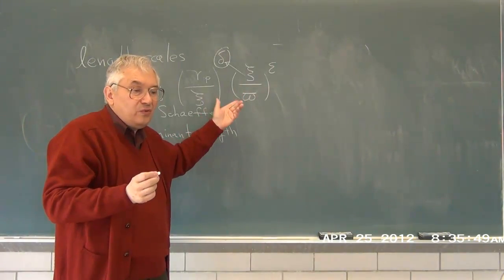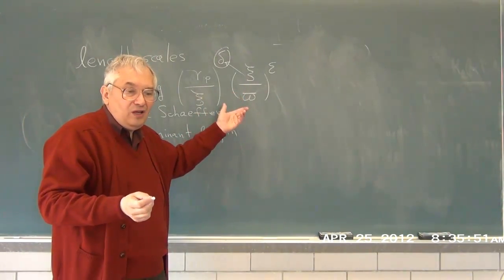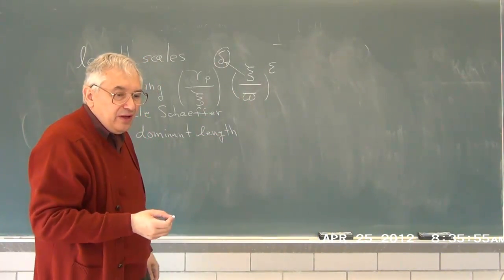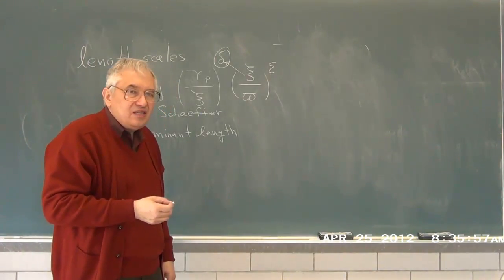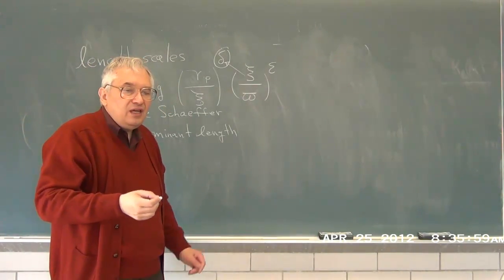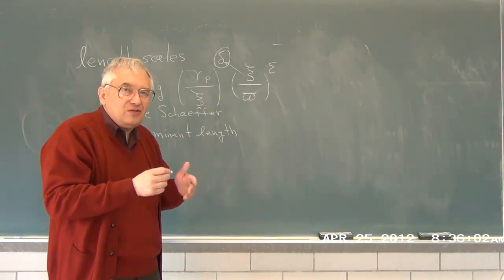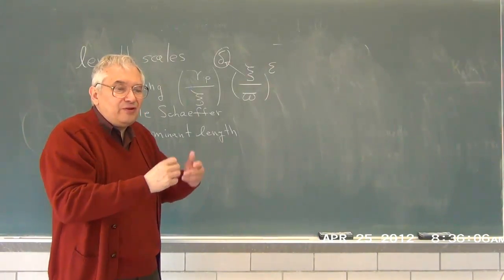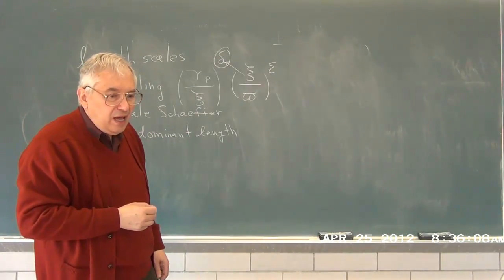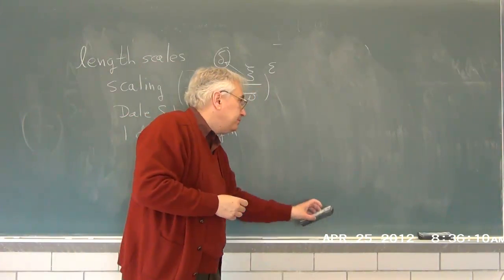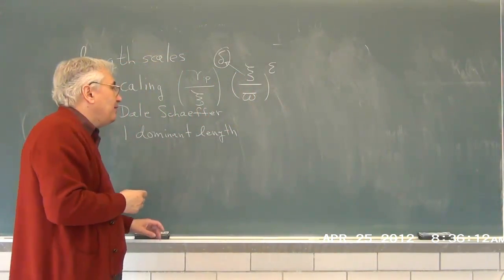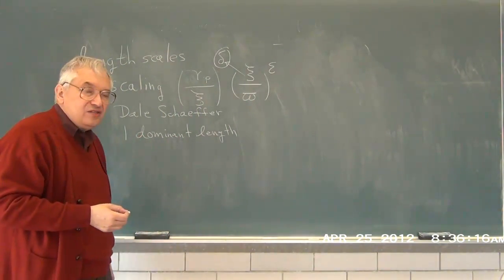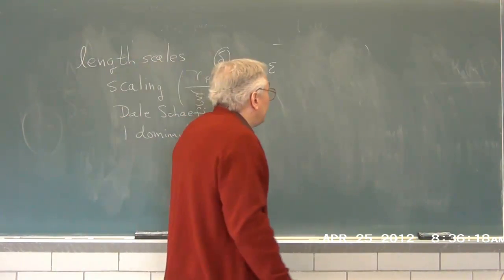So if you want this to work, you really want one length scale, and it has to be dominant. If you have several length scales, simple scaling arguments cannot be made to work, not because there might not be a scaling law, but you have to be more clever to derive it. Okay. Having said that, we then sensibly ask, okay, so there has to be a length scale. What is the length scale?